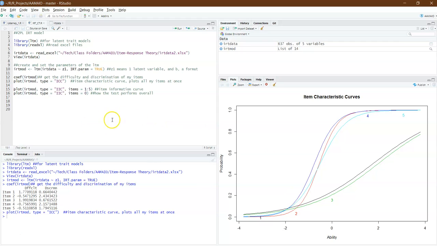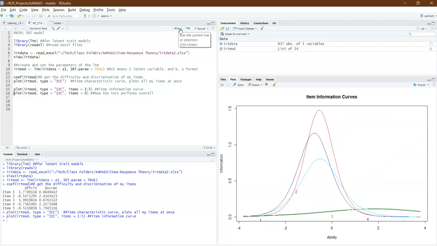Next I'm going to plot a different type of curve, which is called the IIC, just an item information curve. And I'm going to plot it for items 1 through 5. What this does for me is it shows the distribution of the items. Still down here I have ability, but what I would want to see here are more normal curves, and instead of probability, I just have information, and this just tells me how much information and where the information is coming from across ability, just like a normal curve.